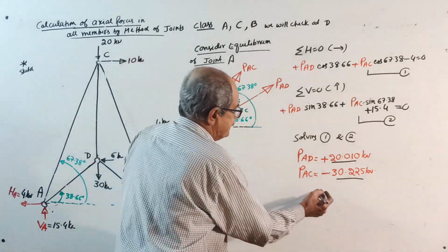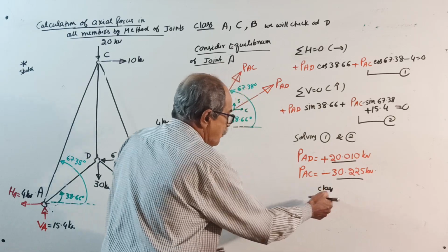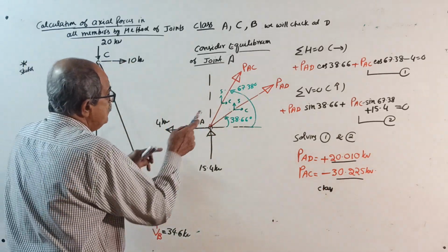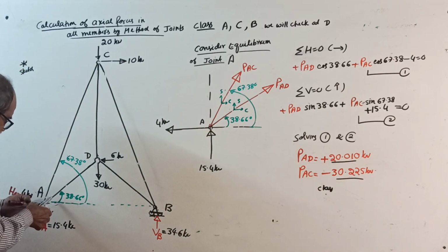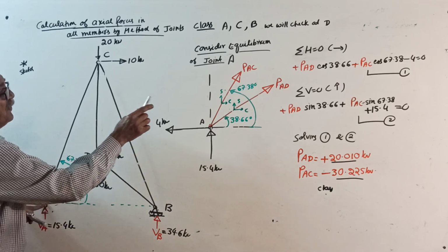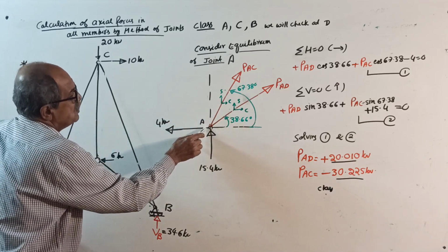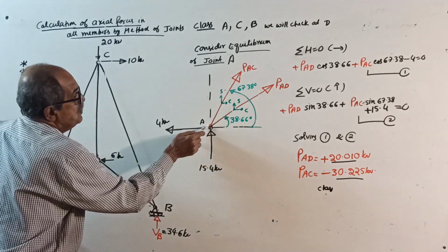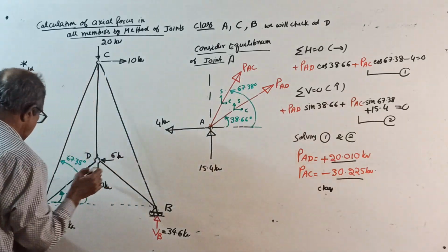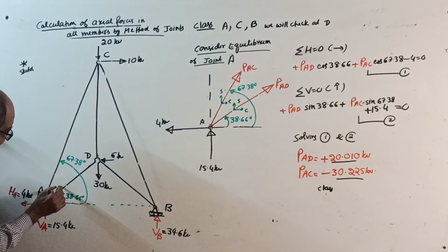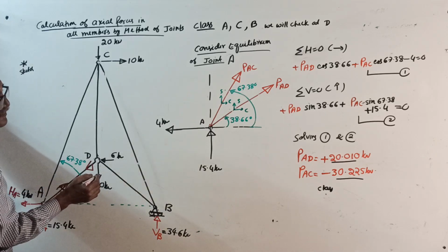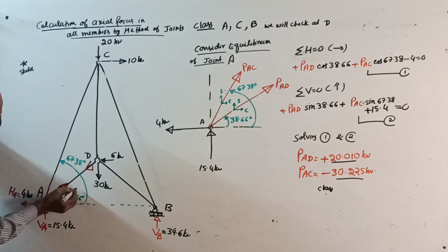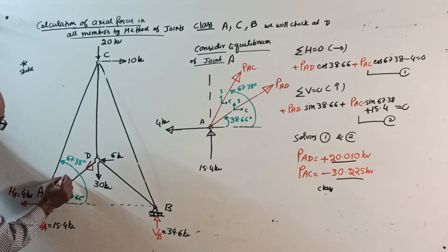Okay, now, class, go back to the sketch. Joint A. Hold your finger here. PAD we took going away from the joint, and the answer came plus, correct. So the force is away from the joint, 20.01 kilonewton. The angles are disturbing here.